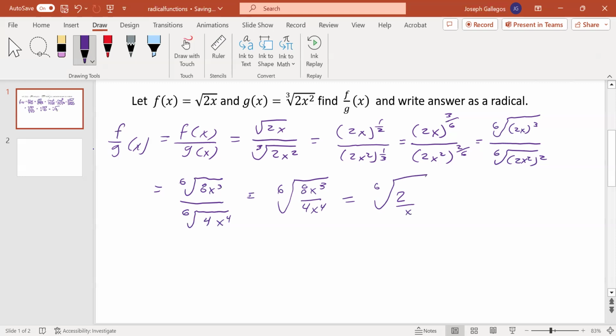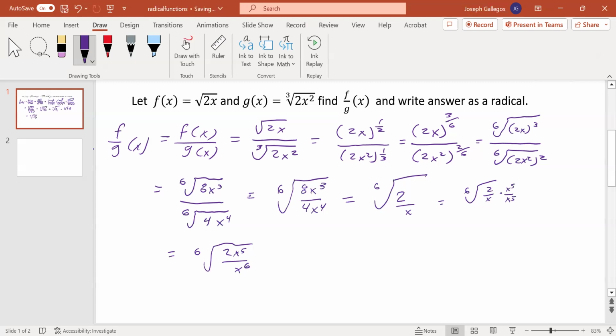And now from here, the only thing left to do would be to rationalize. So remember, we need groups of 6 in the denominator. So we can multiply the 6th root of 2/x by x to the 5 over x to the 5. And then from there, we would have the 6th root of 2x to the 5 on top and x to the 6 on the bottom.